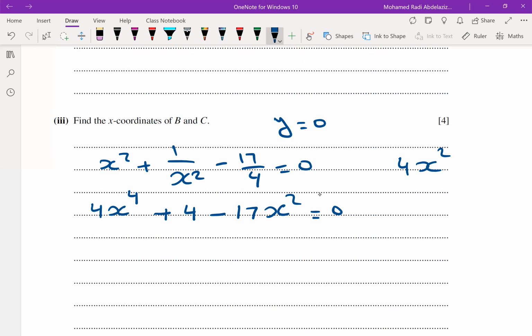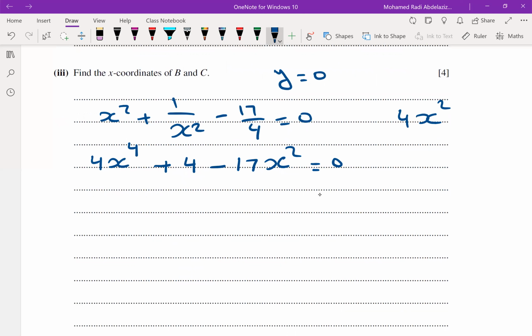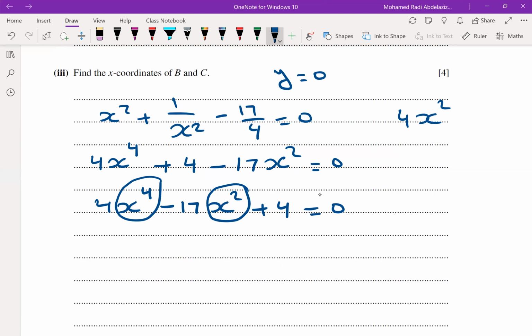This equation has power of 4, but it's written as a quadratic: 4x to the power of 4 minus 17x squared plus 4 is equal to 0. If we replace x squared with u, because 4 is double of 2, we get 4u squared minus 17u plus 4 is equal to 0. You can solve this equation by factorization to get the values of u.